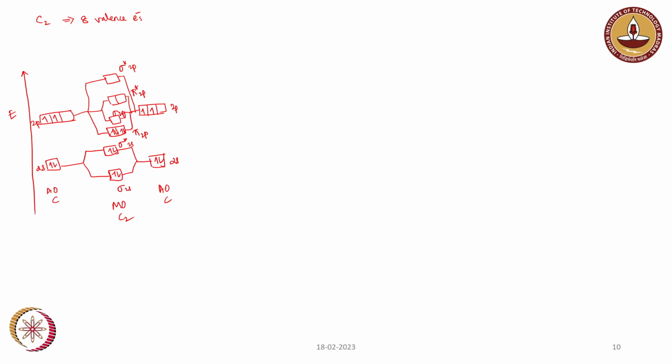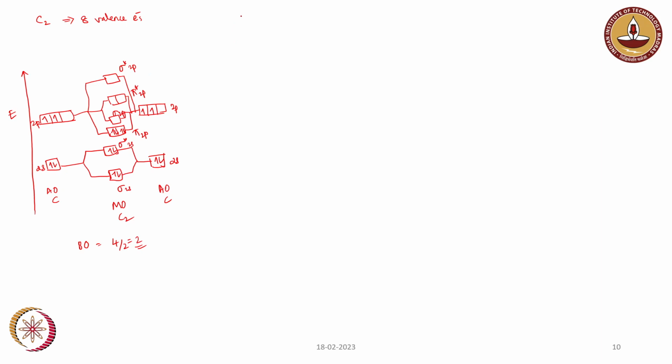So the bond order is 4 by 2, which is 2, and all the electrons are paired in C2.